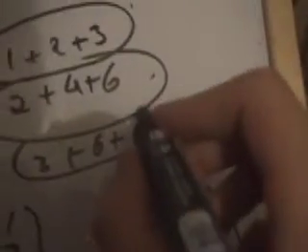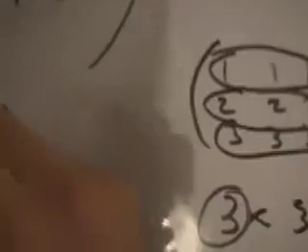And now you're just going to go, okay, so that's 1. And that's 2 and that's 3. So that's 6. That's 2 and that's 4 and that's 6. So that's 12. Sorry, please ignore that.